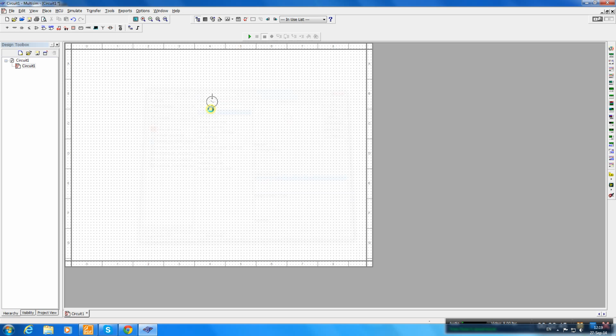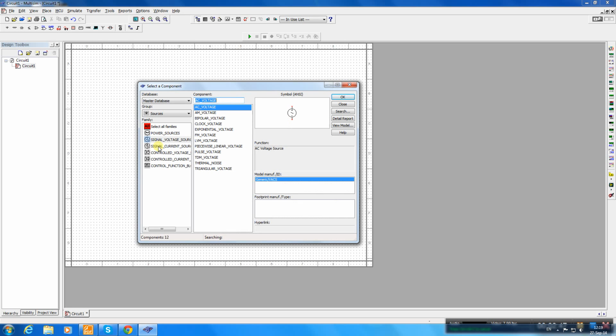Signal voltage, AC voltage. We will also need ground. By the way, ground is a mandatory component in Multisim. Without ground, no circuits can be simulated.